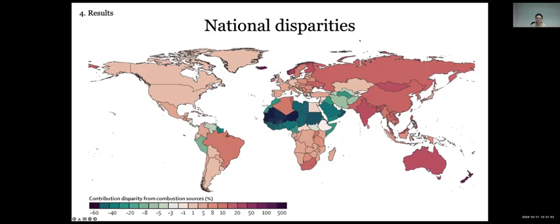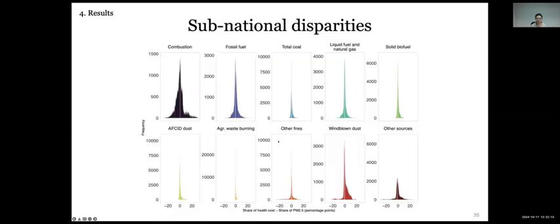Similarly, we find in each country that the combustion sources demonstrated positive disparity, whereas for the North African countries, wind-blown dust played a dominant role. Therefore, the combustion sources demonstrated a negative disparity. And we also observed a similar pattern at grid level.